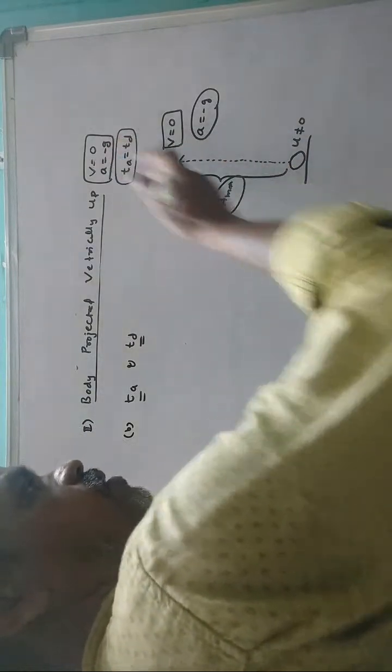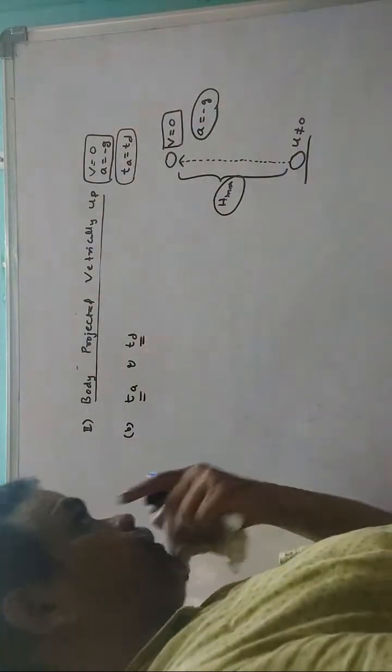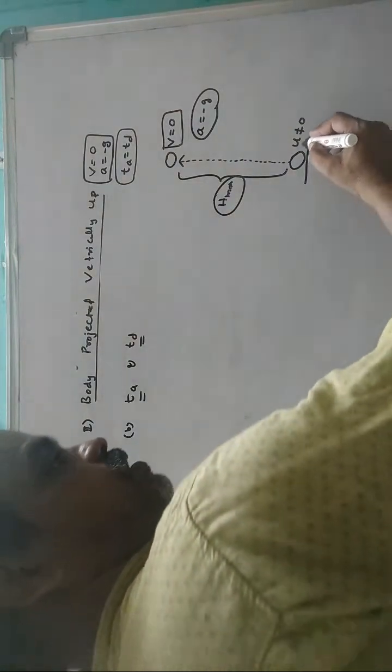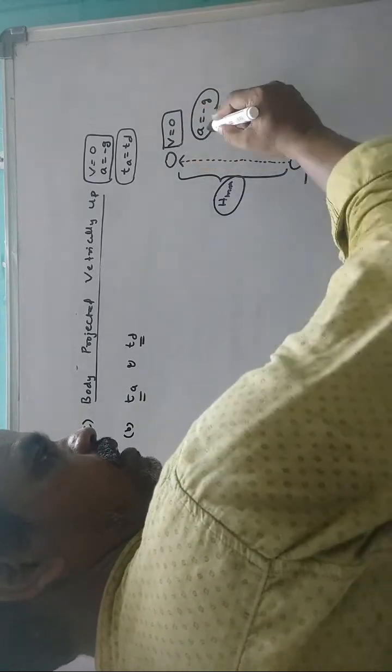To calculate the time of ascent, we have the formula v equals u plus at. Here u is not equal to 0, v equals 0 at maximum height, a equals minus g.